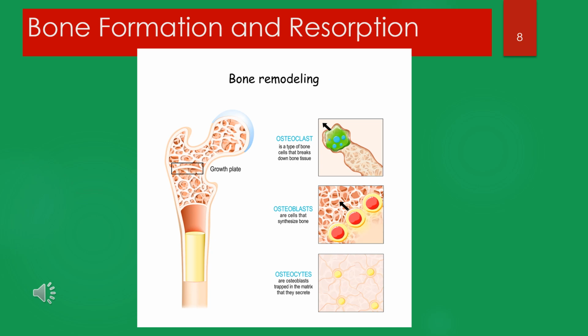In the body, new bone is constantly being formed and existing bone is resorbed in a dynamic process which allows bone to respond to the ever-changing stresses on the skeleton. Important cell types in this process are osteoclasts, osteoblasts, and osteocytes.